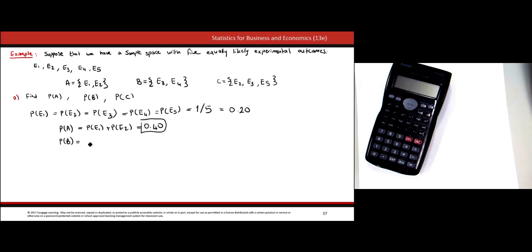Probability of B, E3 plus E4, 0.4. And C is 0.6.